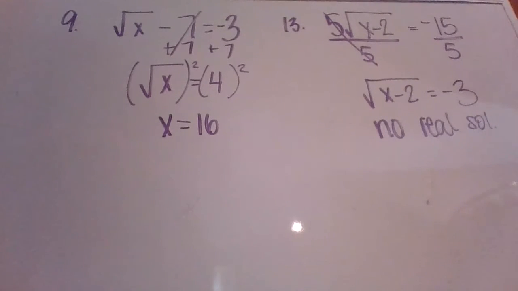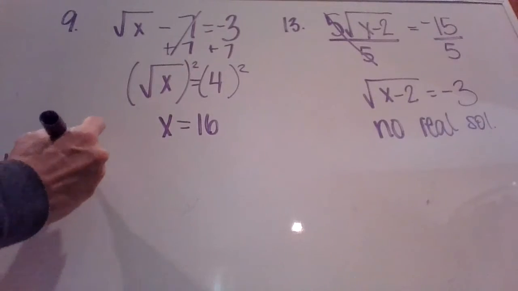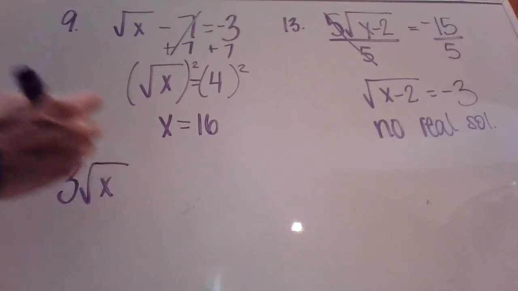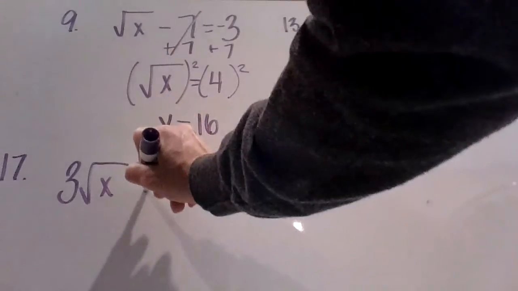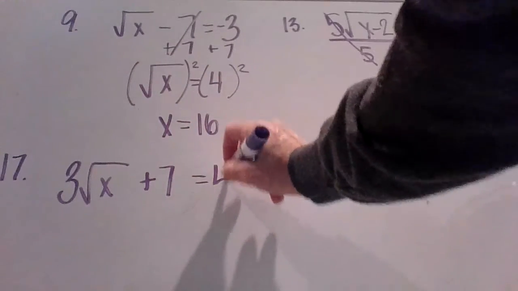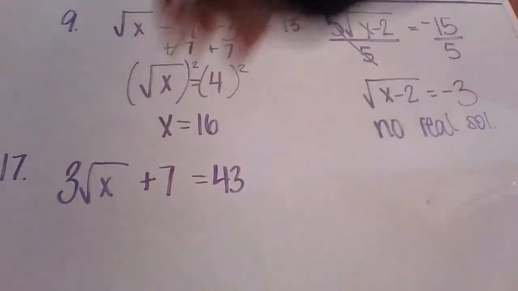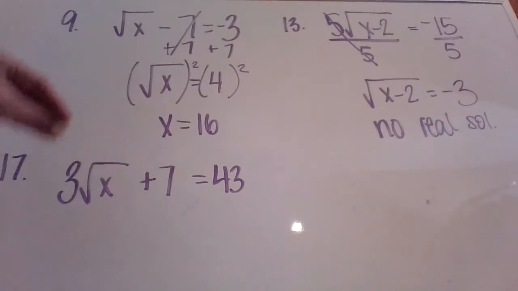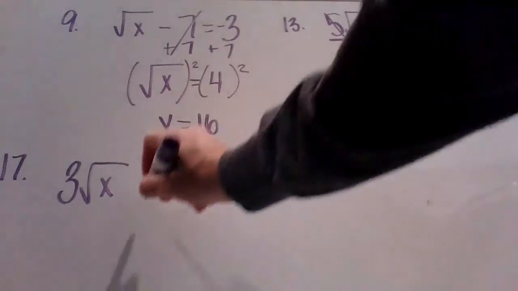Number 17 is 3 square root x plus 7 is equal to 43. On this one, we have to narrow it down to where we have nothing left but the square root.